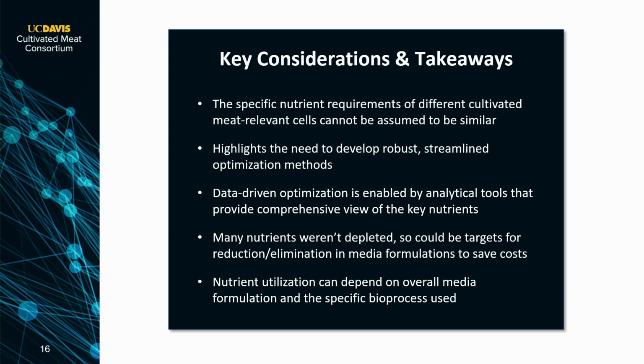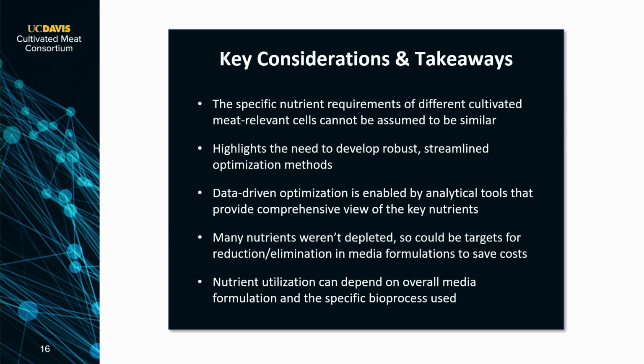But otherwise, the major takeaways from some of the data that I showed were that we saw that a lot of the nutrients weren't actually being depleted much, so maybe there's opportunities to target those for reduction or potentially elimination in the media to save costs.